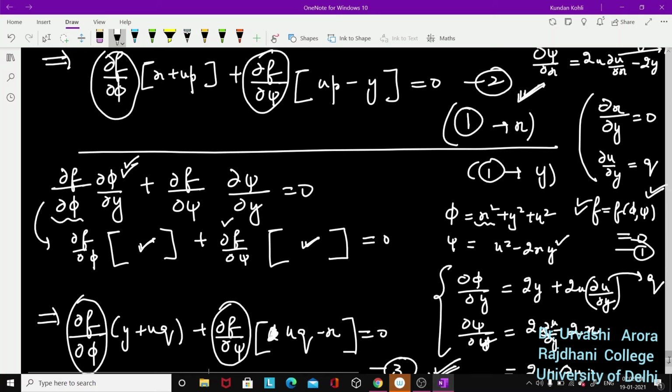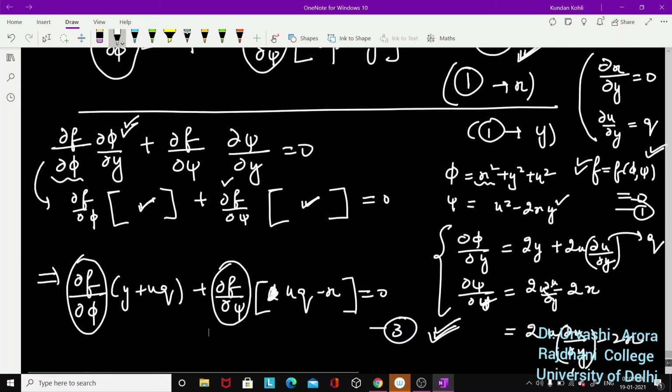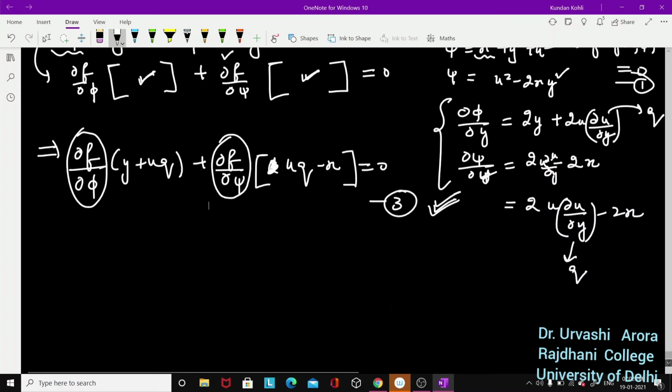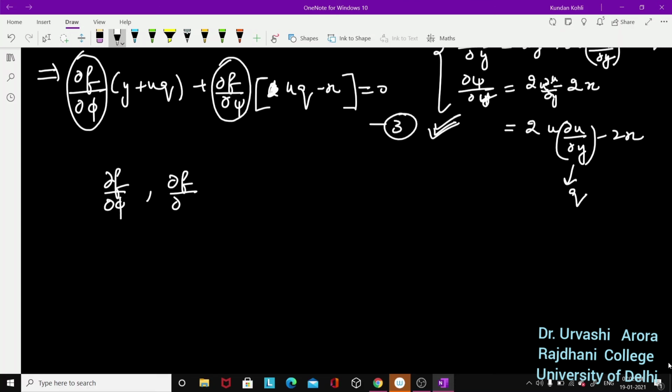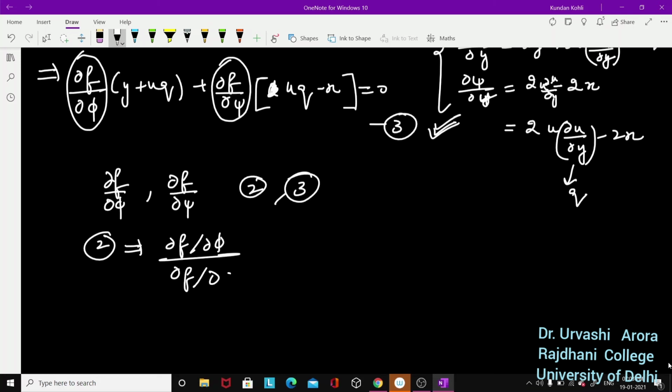So I have to basically eliminate these two unknowns, del f by del phi and del f by del psi, from 2 and 3. From 2 you can get the value of del f by del phi over del f by del psi, which will come out to be minus up minus y over x plus up.